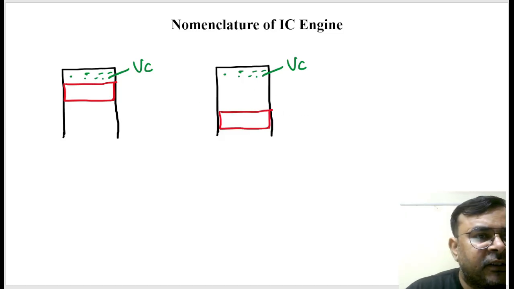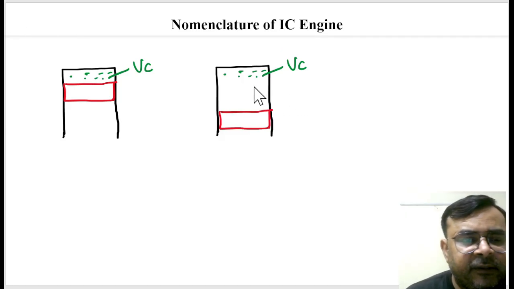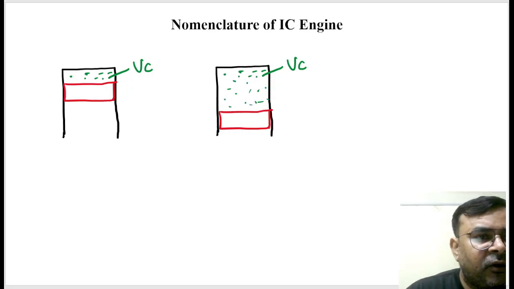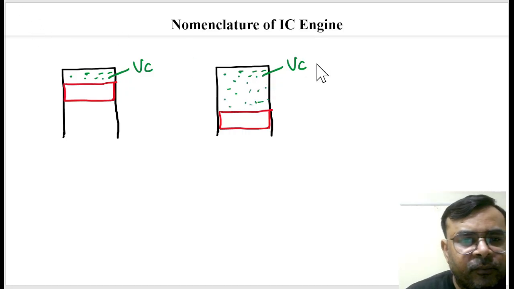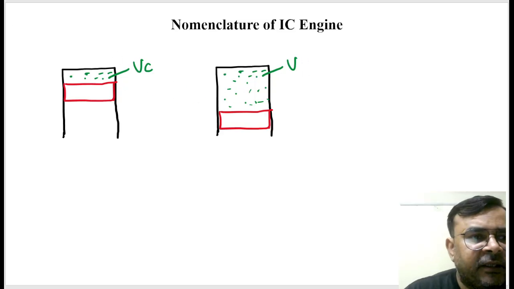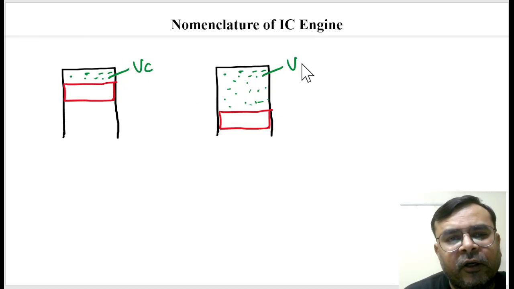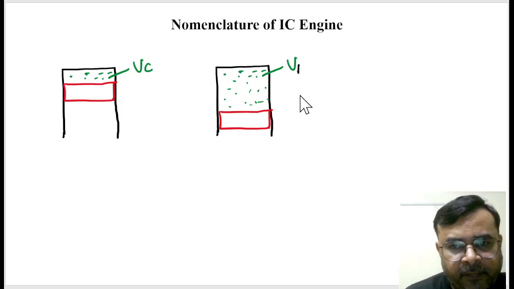So obviously this is called total volume. Is it right? This is called the total volume, which is represented by, let's say, V. This is the total volume, or you can say this is V1, correct?